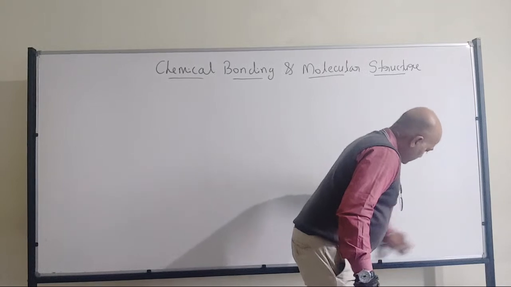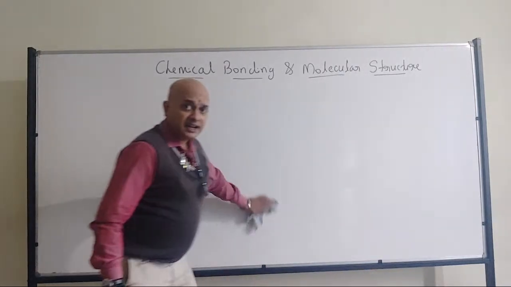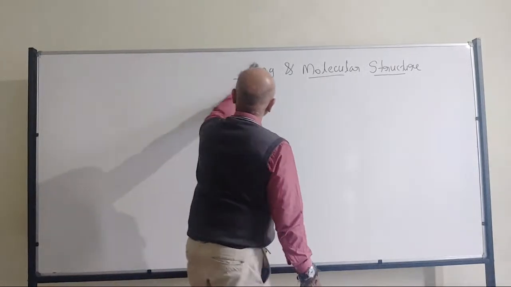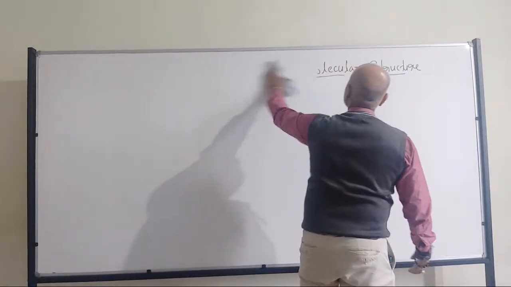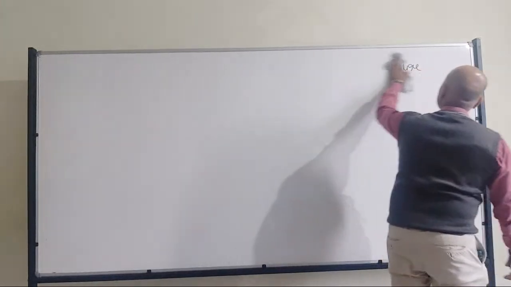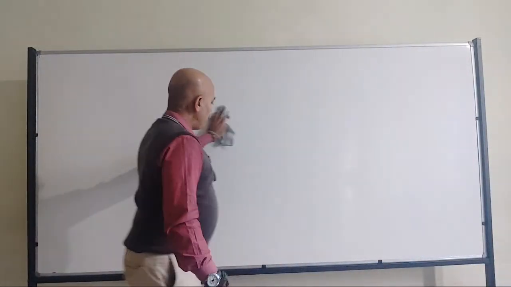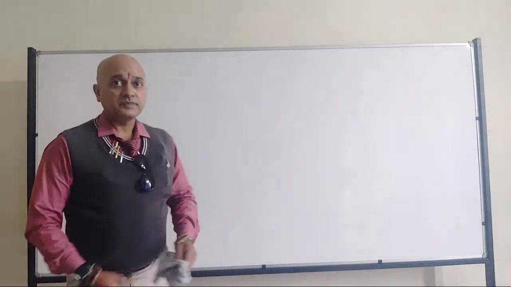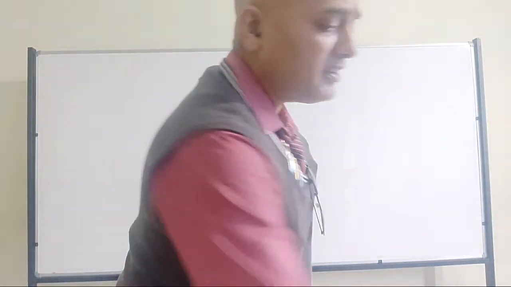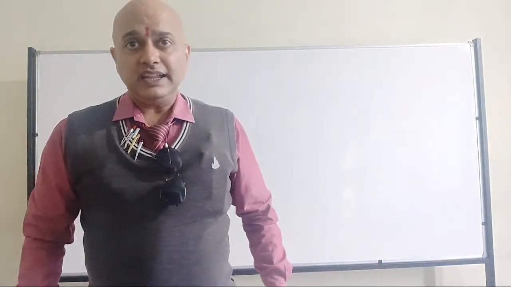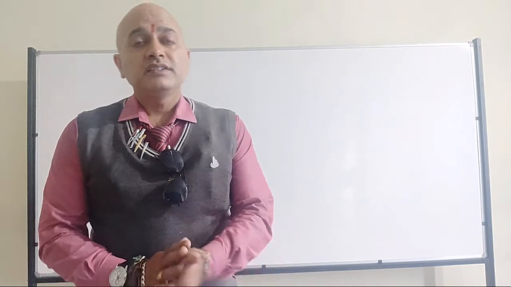Whichever topics are done, hardly 3 topics are done completely, and chemical bonding a bit has been done. So try to go through all these chapters once again and solve some competitive exam questions. So you have enough time. 1 week time is there. No online class, nothing.